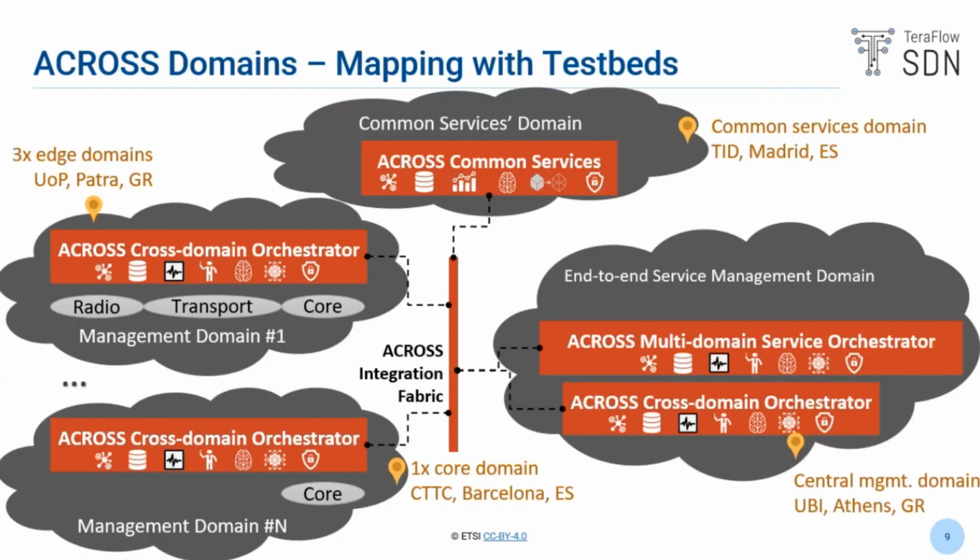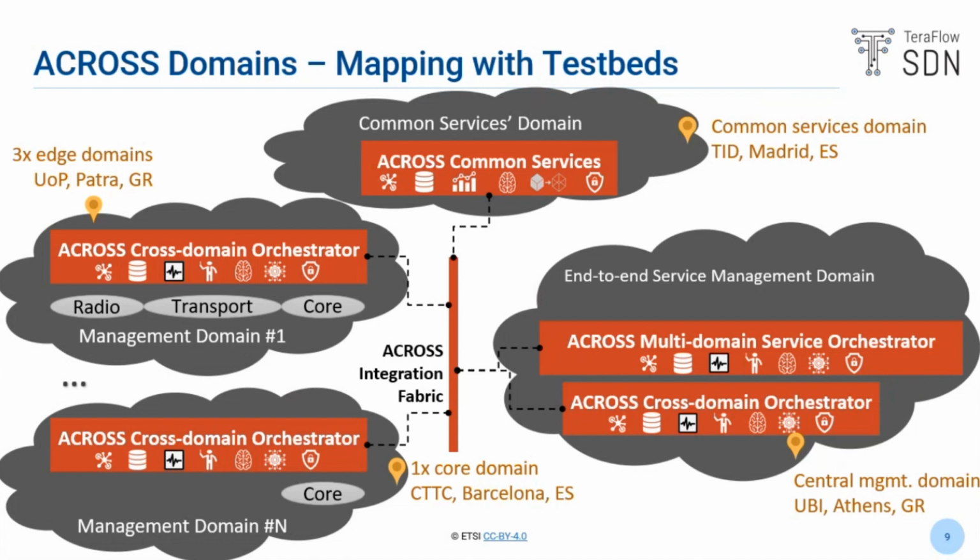The mapping of the testbeds that the different partners in the project will contribute, and how they relate, is illustrated in this slide. As you see, we are planning to deploy at UBTech in Athens both the multi-domain service orchestrator and a cross-domain orchestrator. Then in Patras, we plan to deploy 3 edge domains with a cross-domain orchestrator.